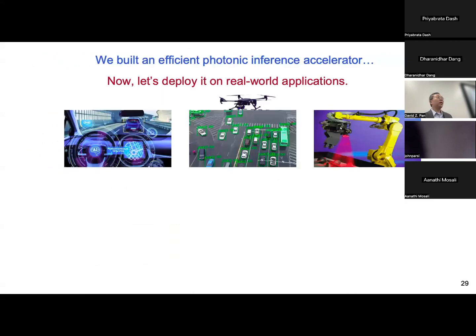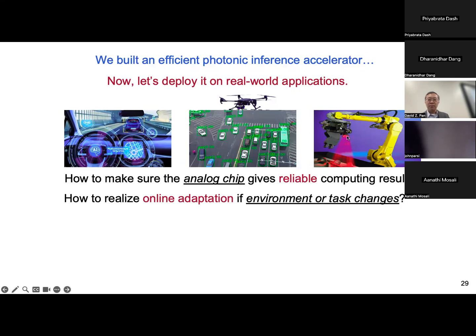So once we have this kind of accelerator, how do we deploy it into real training or inference? If we want to deploy it in the real world, whether it's autonomous driving or edge or whatever, how can we make sure those analog chips still work, if you have some reliability concern? As I mentioned, photonic accelerators may be susceptible to temperature variations.